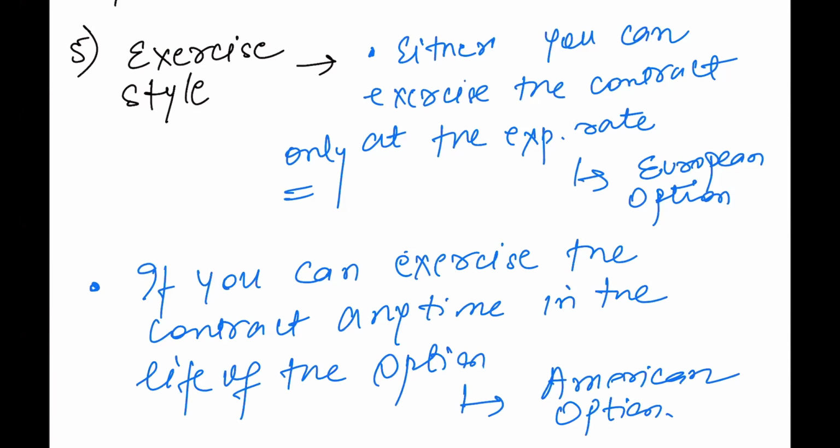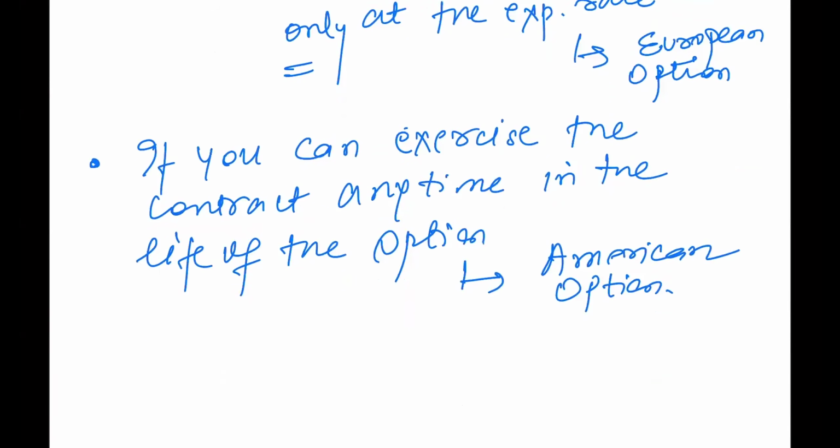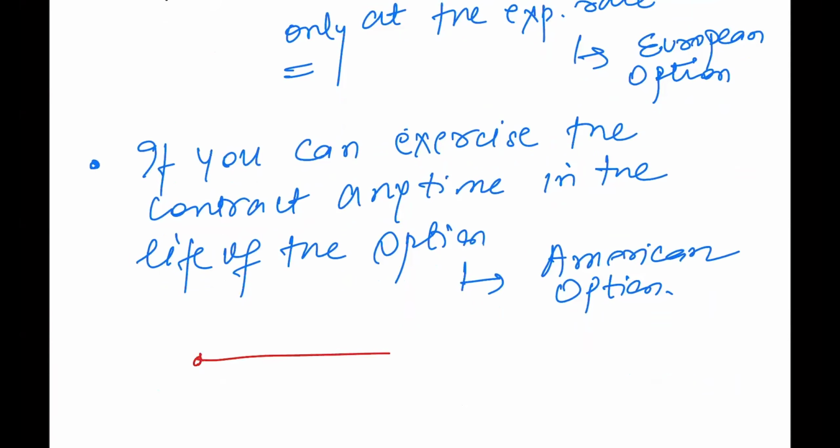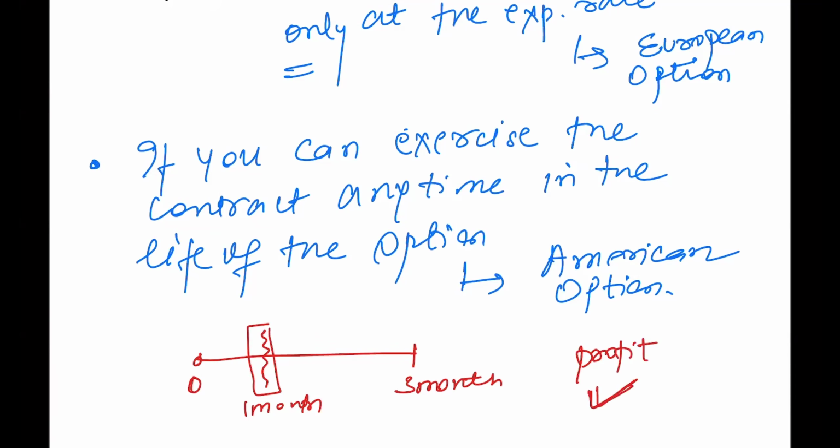Let's say the expiry is 3 months and we are standing here at time zero. Even if at 1 month you think that by exercising this contract you can make a profit, you can do it. So this style is nothing but the American option.